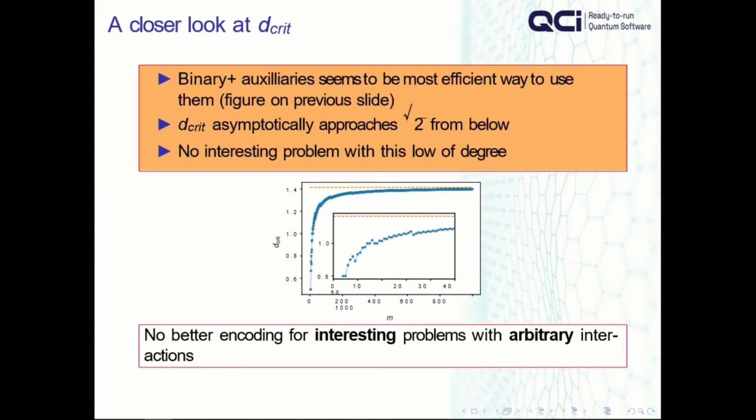The way we did this is we looked at a critical degree, and said, okay, what's the degree of a graph where this wins? Because if you're adding auxiliary variables, you have to add them per interaction. So how many interactions can you get away with per qubit? And it turns out this becomes really small. It's 1.4. Even if you just have a line, that's degree 2.